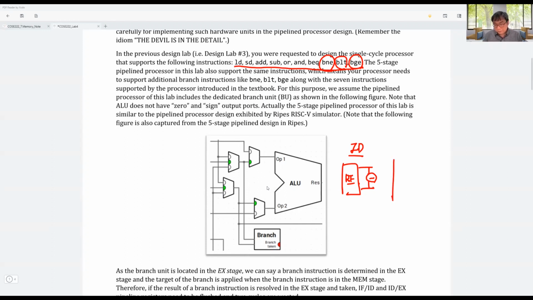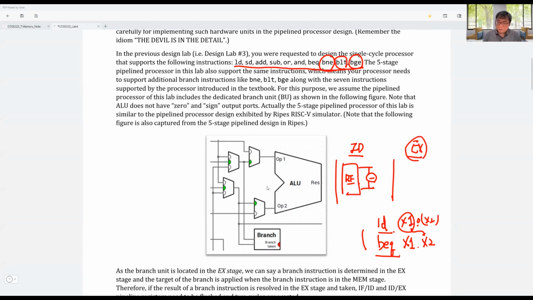The problem is that a branch instruction like BEQ can receive data from former instructions like load X1. In this example, this BEQ receives the result from the former load instruction. That was the problem. In the 5-stage pipeline processor, we implement the forwarding path in the execution stage.